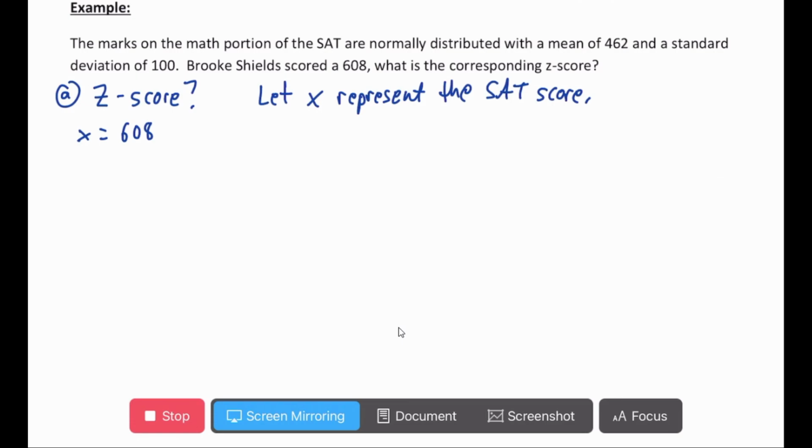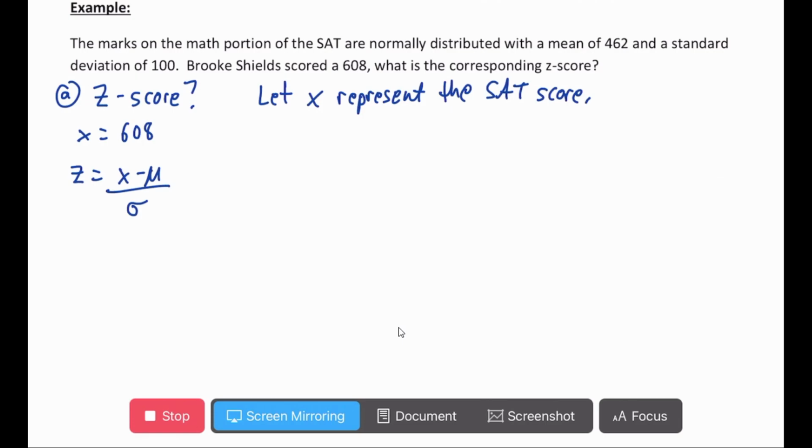And we want to find Z. And what is our formula for finding Z? Let's plug in our values and find out. I think we can assume we're looking at the population because SAT scores are measured against population in this case. So we're going to have Z equals X minus mu over sigma.